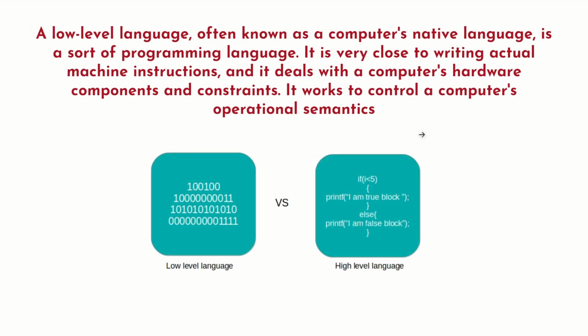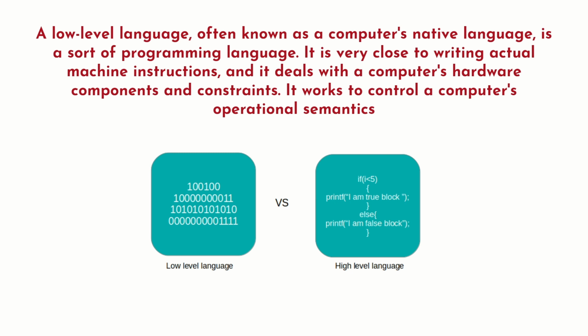So a low level language basically means the computer's native language. It's a programming language which is very close to writing actual machine instructions. When you are writing code, and what the machine interprets, are two completely different things.